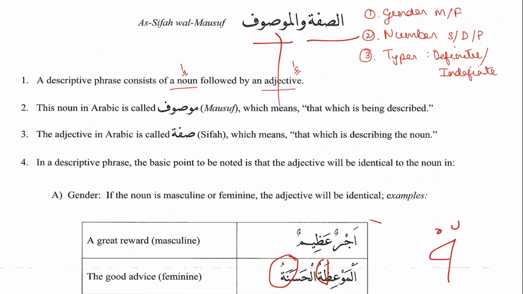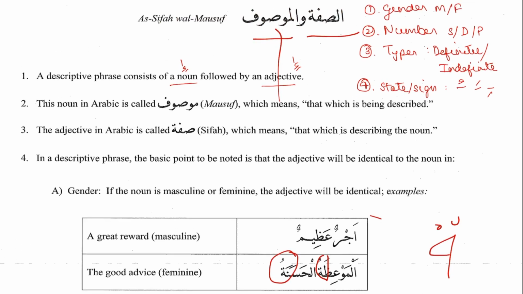And the final property is the state, or the signs, which is i'rab in Arabic, whether it has dhamma, fatha, or kasra. These are the four properties an ism can have, and we'll discuss each of them one by one.